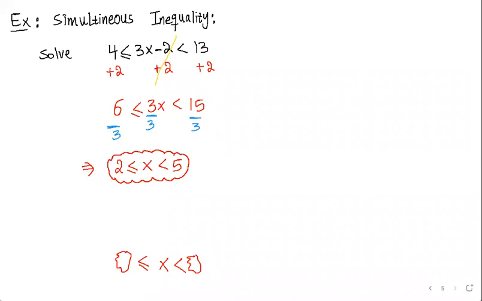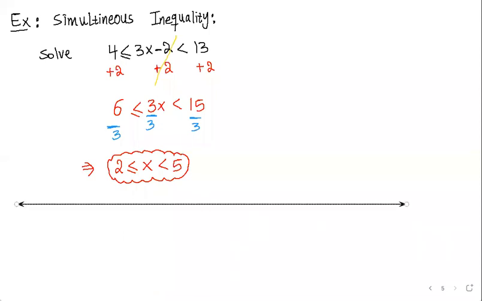If I plug in any number between 2 and 5, it will be true for this inequality. For example, 3 is between 2 and 5, so it is a solution. Now, how do we draw the solution on the real line? This is my real line.